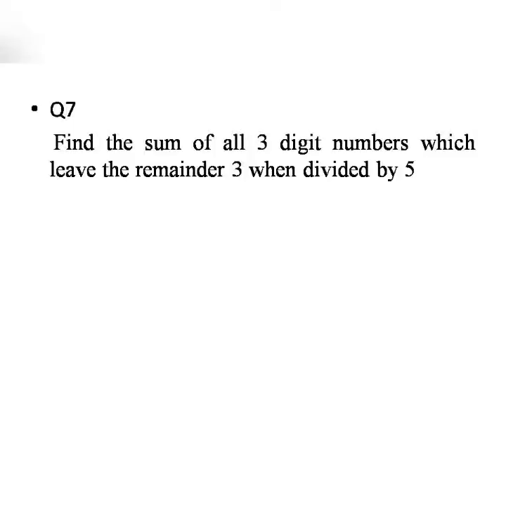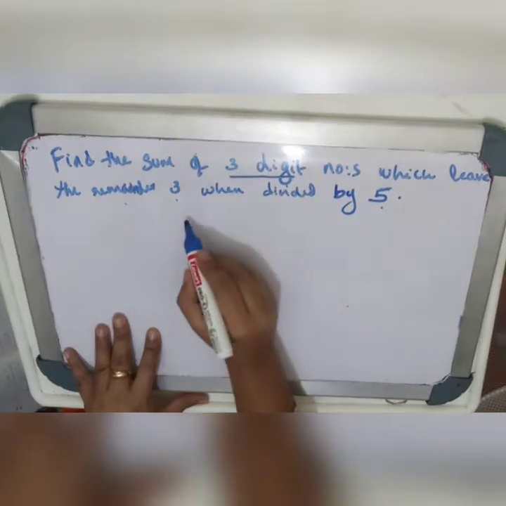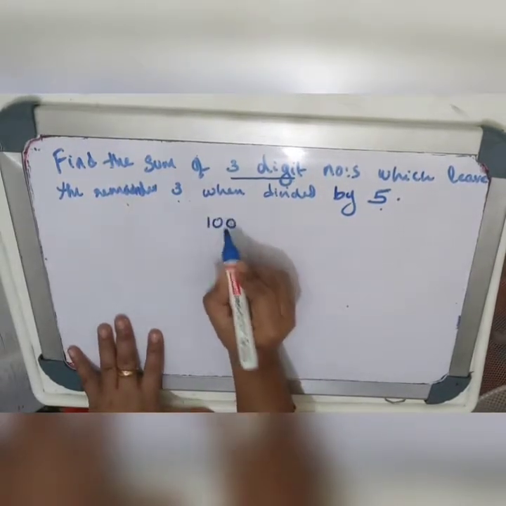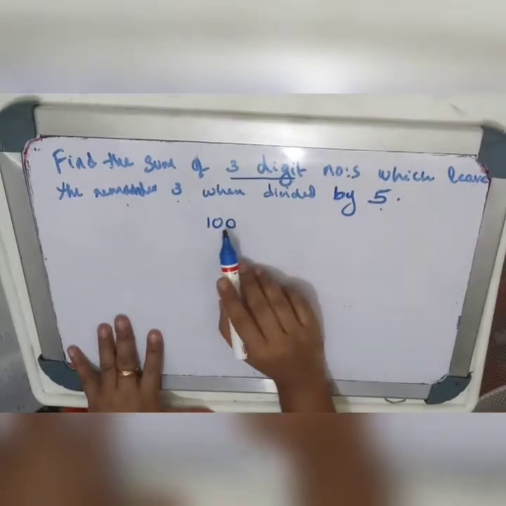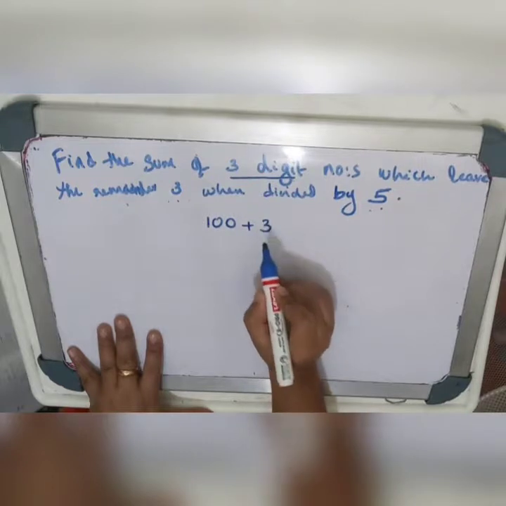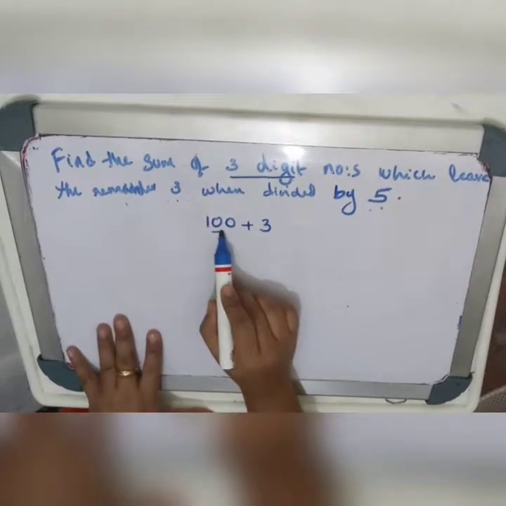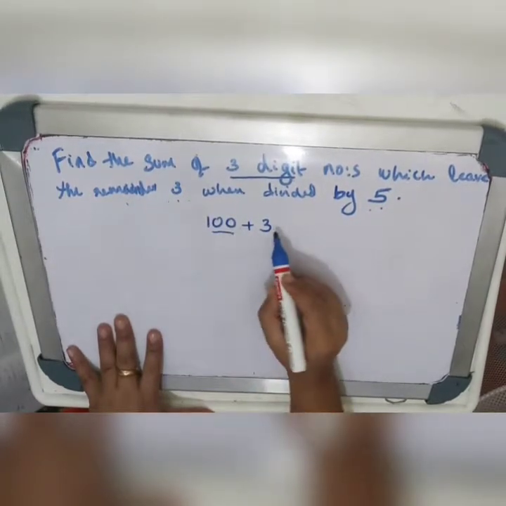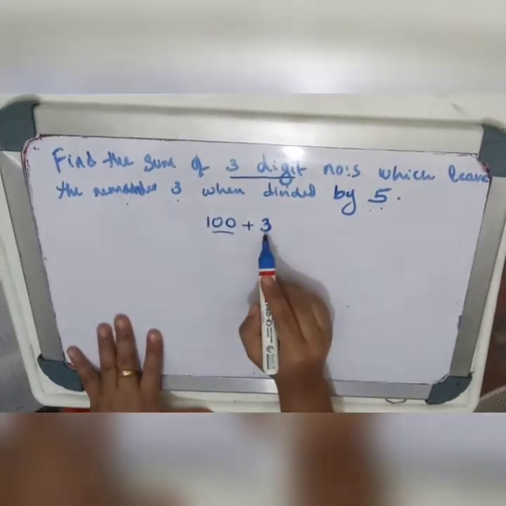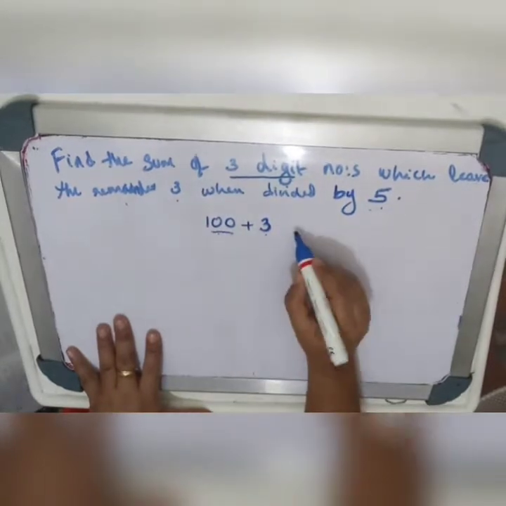Next question. Find the sum of 3-digit numbers which leave the remainder 3 when divided by 5. We know that the first three-digit number which is perfectly divisible by 5 is 100. So in order to leave a remainder 3 when divided by 5, it should be 3 more than the perfect multiple. 100 is a perfect multiple of 5, therefore the considered number should be 3 more than the perfect multiple.